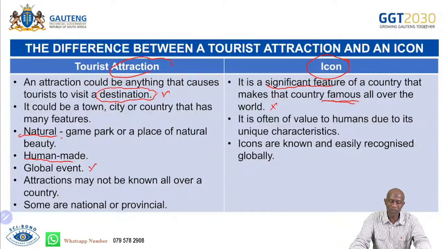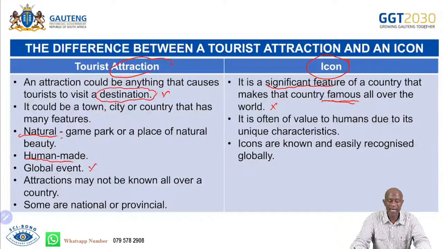An attraction may not be known all over a country. It can be known for specific people in a country. Not everyone in particular must have knowledge of that attraction. So it is not well known, and in a specific country, not all the citizens of that country will know the different attractions that that particular country offers.